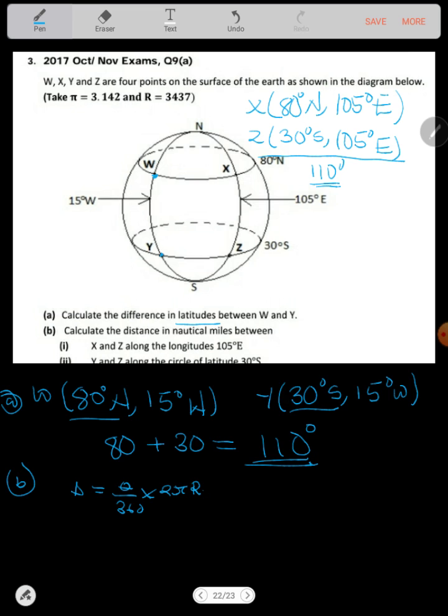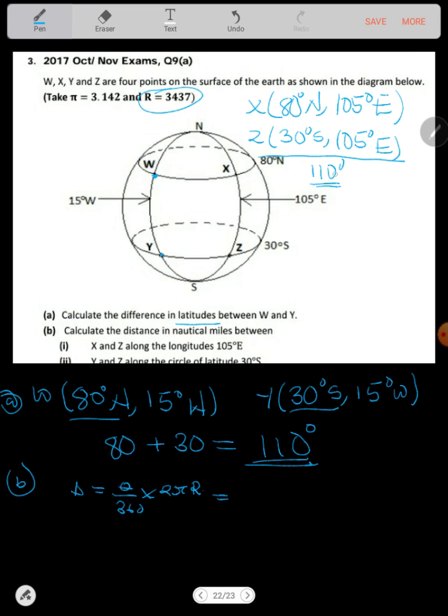Now, why are we using r here? These are on the big circle. This is a large circle. So on the large circle, you use the big radius.